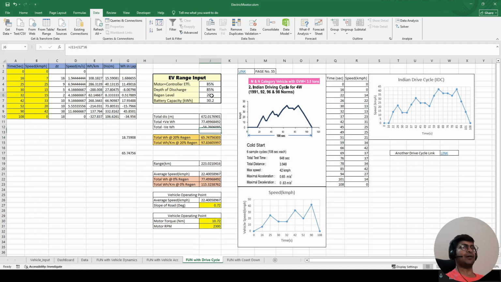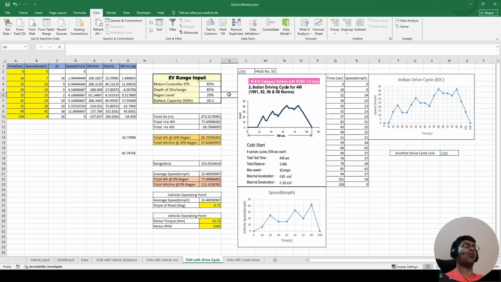But for 100%, you have 18.73, which we got previously here. Let's put back this 20%. So now with 20% regenerative braking, the total energy that we consumed is 65.74.